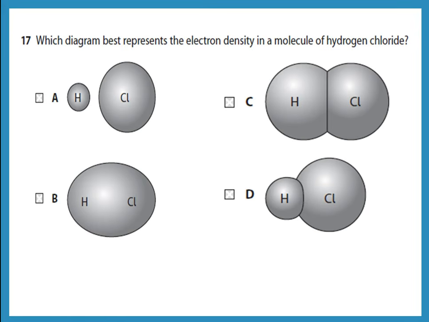Remember, hydrogen has only 1 shell, chlorine has 3 shells. So chlorine should be much bigger than hydrogen. It's not B because the electrons are not being shared equally between them, since chlorine is more electronegative. So what we have is D. That would be the correct representation of the electron density.